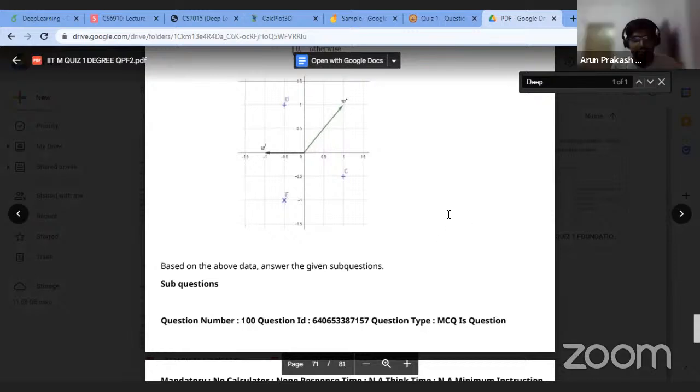In fact, I took another question which ended up computing the angle between the vectors. I framed that question, but given that students may not have put that much effort into figuring out all these details, we skipped that.